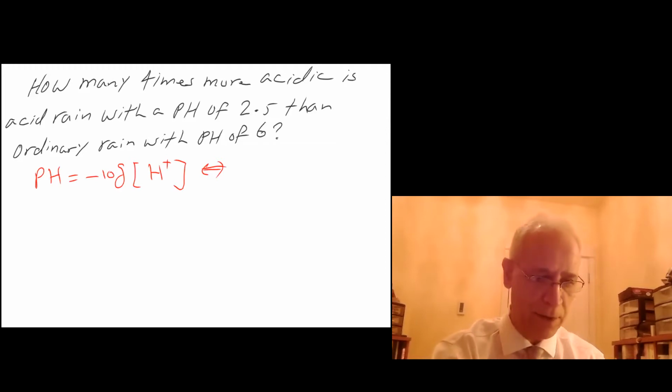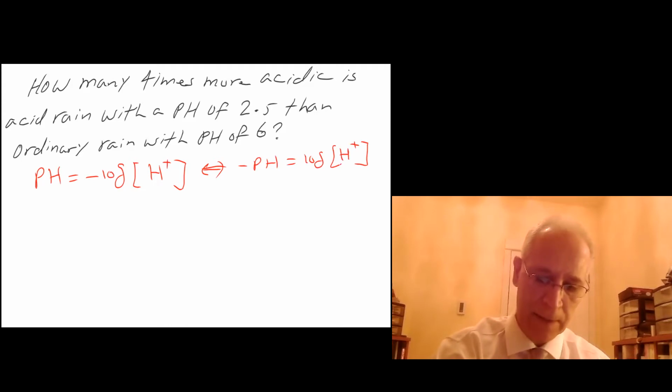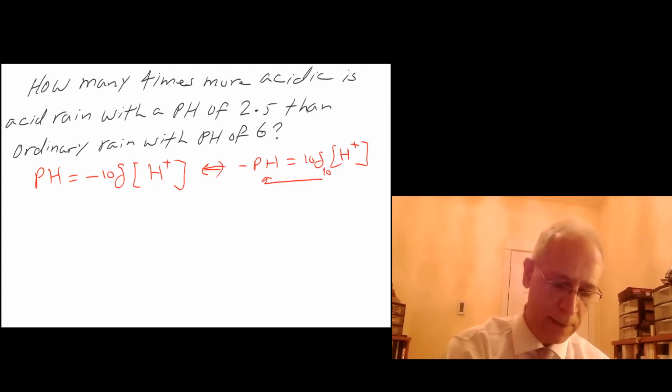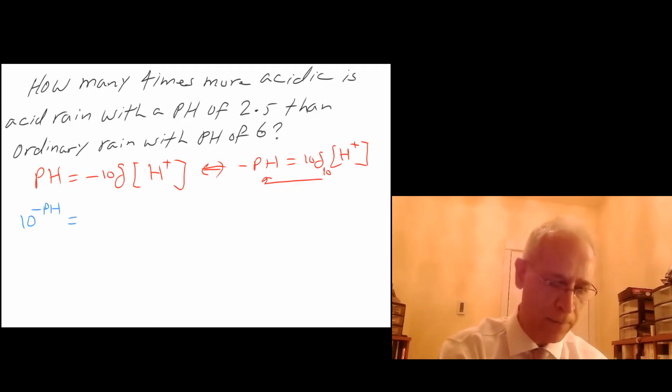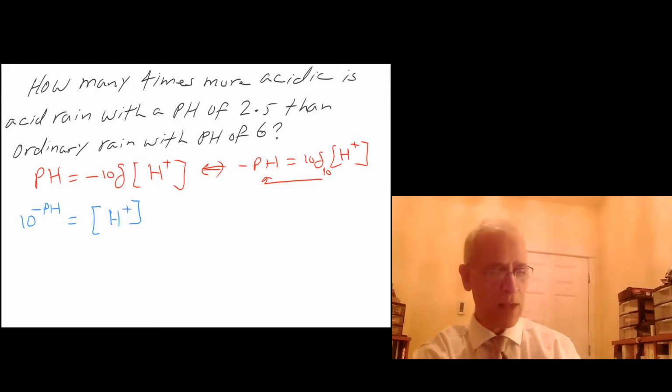Let me write it for you, just for the sake of discussion. Minus pH equals log of H plus, and then we said that this base to this power, in other words, 10 to the negative pH equals H plus.